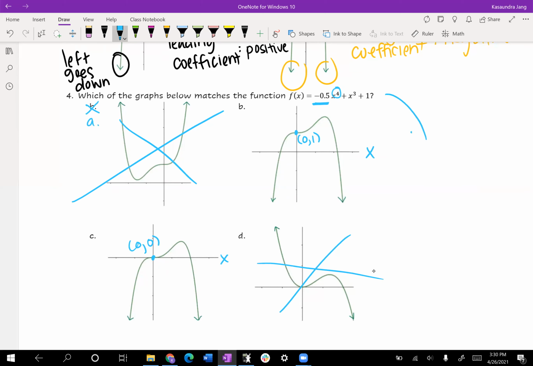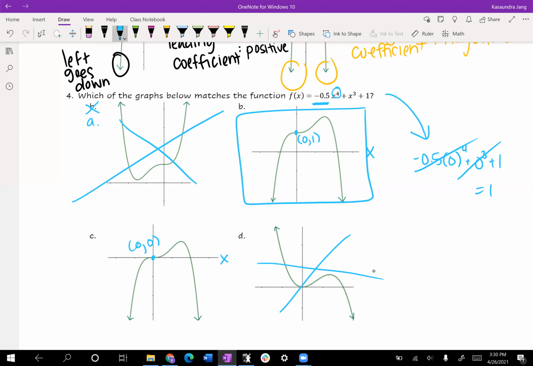I'm going to go ahead and plug in a 0 for all my x's. There are multiple numbers you could plug in for your x's. I chose a 0 just because it's easier. When I plug in a 0, 0 times whatever is still 0. Another 0, plus 1 is just 1. So I should hit the point 0, 1, which means option B it is. It's not hitting 0, 0. All right, so there we go.